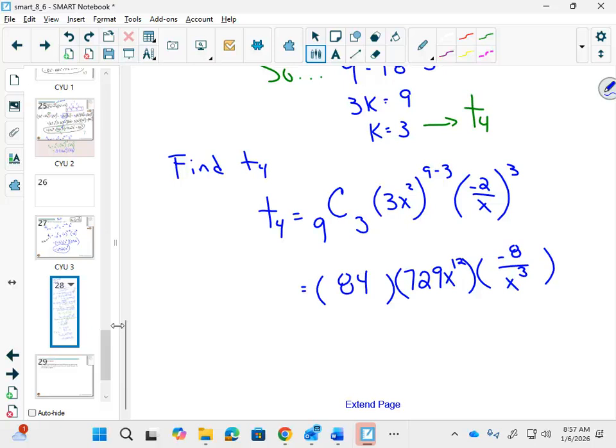So 729 times 84 times negative 8. Negative 489,888. And then look what happens. My x to the 12 in my numerator, x cubed in my denominator. Simplify, I get my x to the 9. That's what I was looking for. Okay?